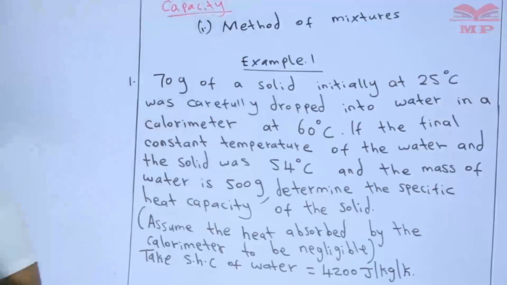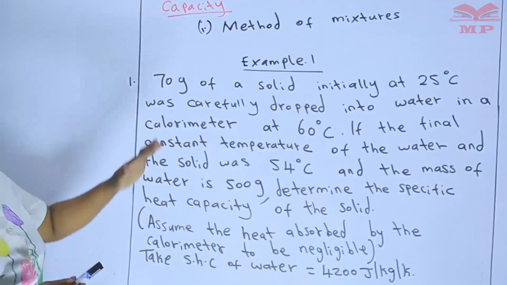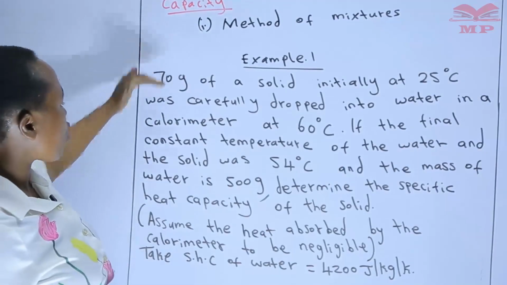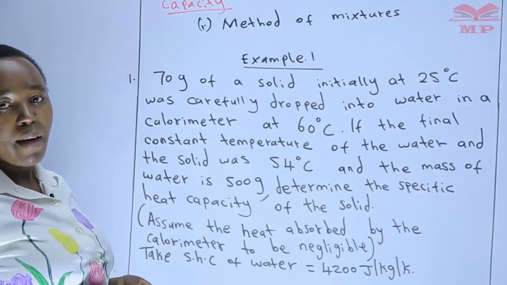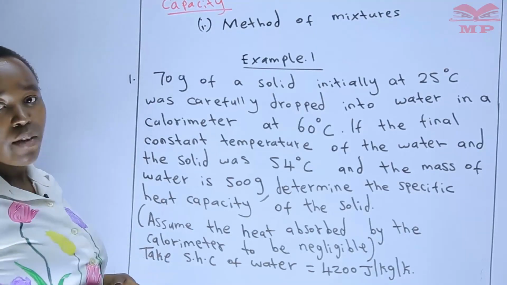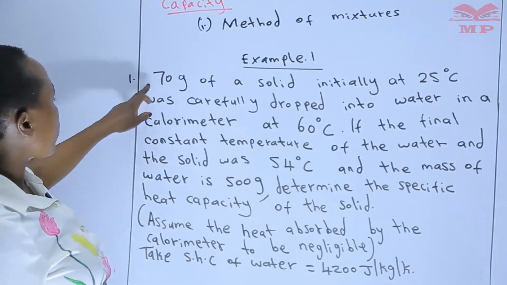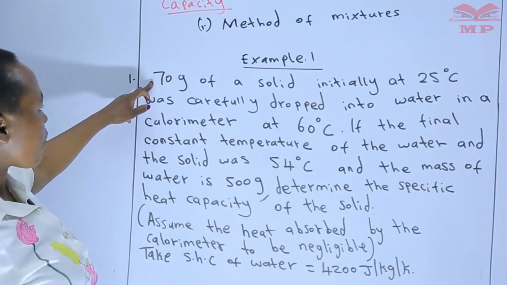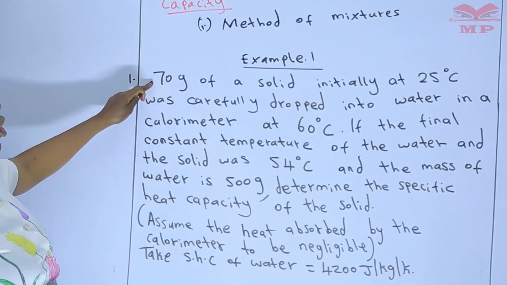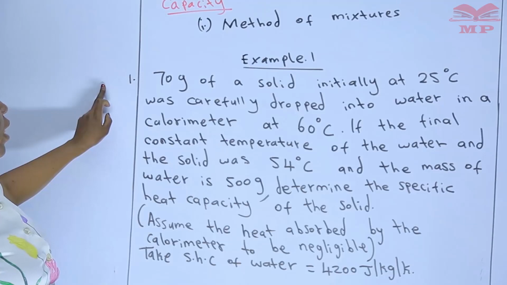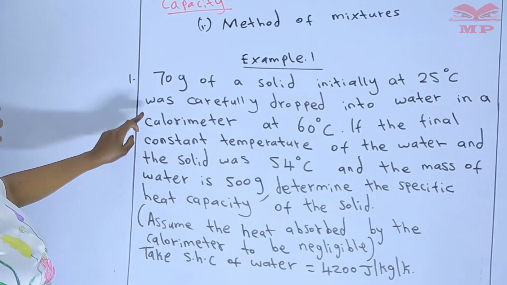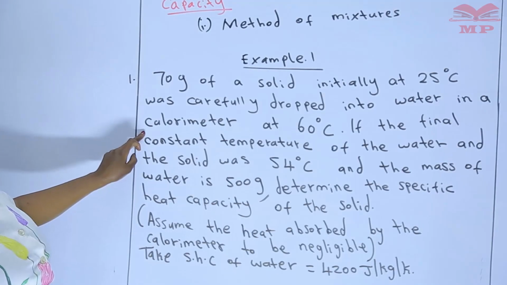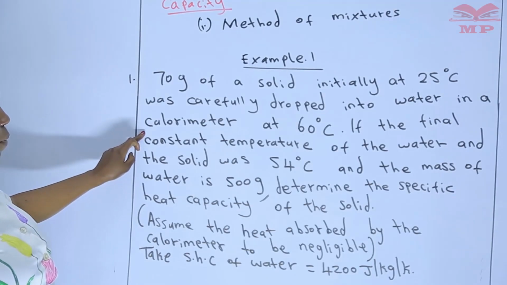So that's our question. Most of these questions will come as long as this one or even longer than this one, but they are very interesting even to work out. So we are told that 70 grams of a solid initially at 25 degrees Celsius was carefully dropped into water in a calorimeter at 16 degrees Celsius.